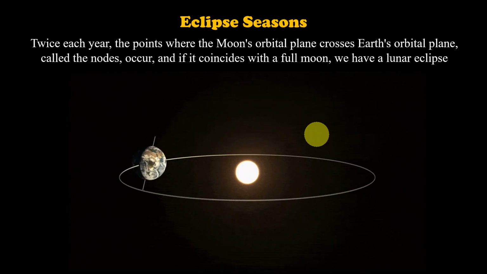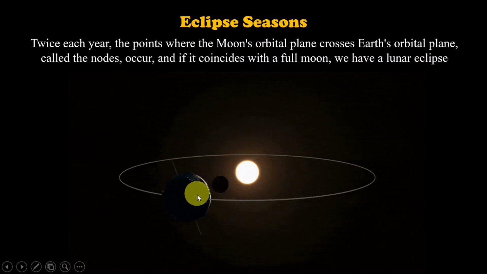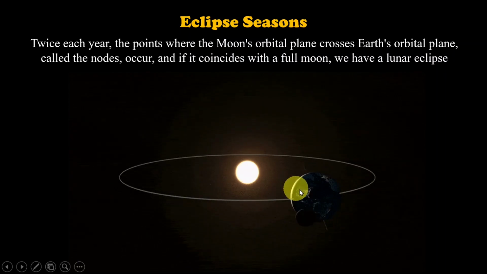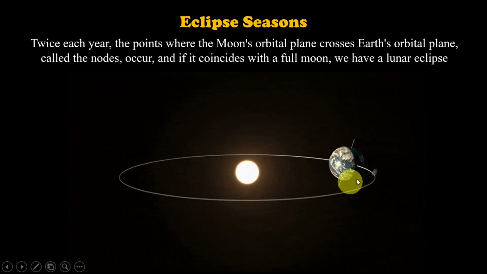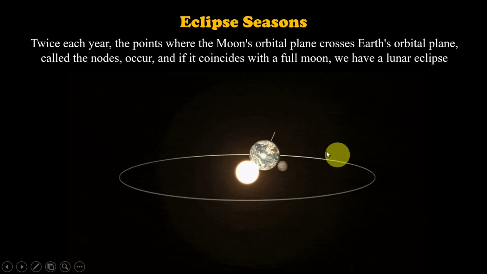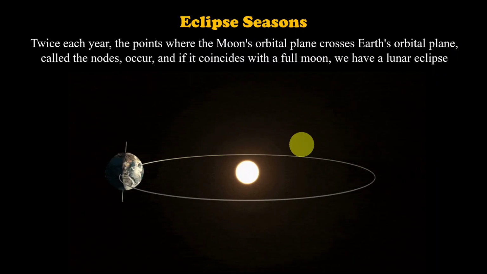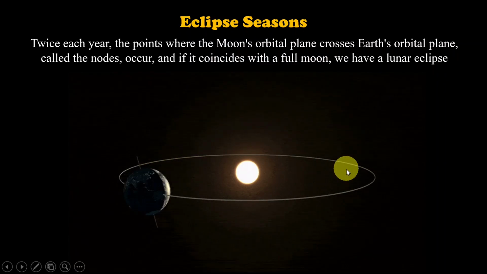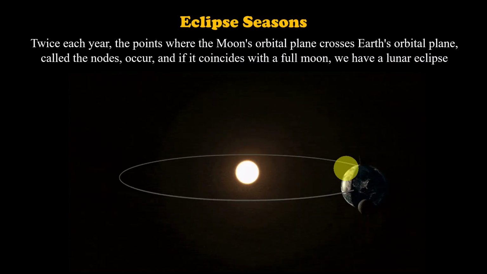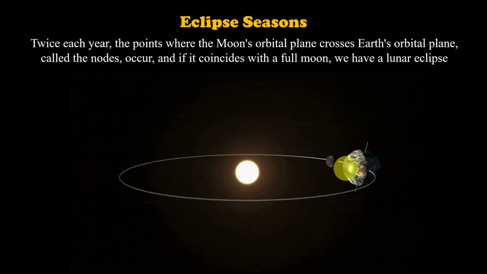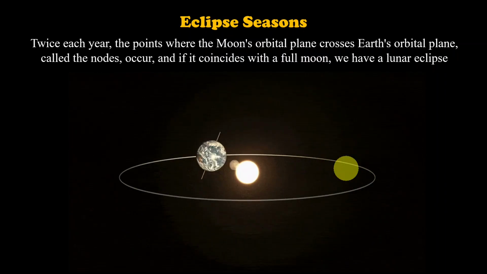But something remarkable happens during eclipse seasons. Here is a picture of Earth going around the sun while the moon is also orbiting Earth. Two times in a year, the orbital plane of the moon around Earth coincides with the orbital plane of Earth around the sun.